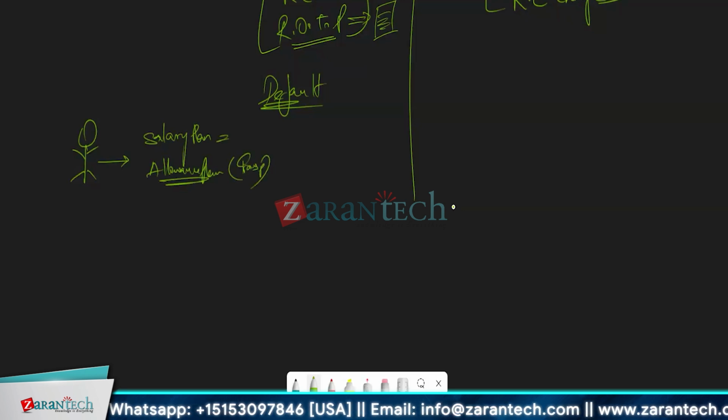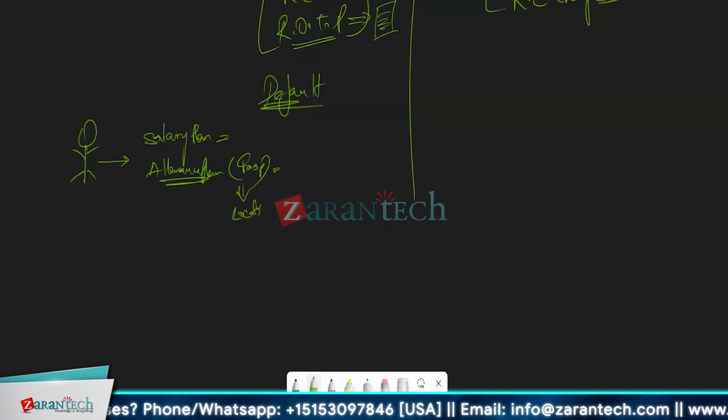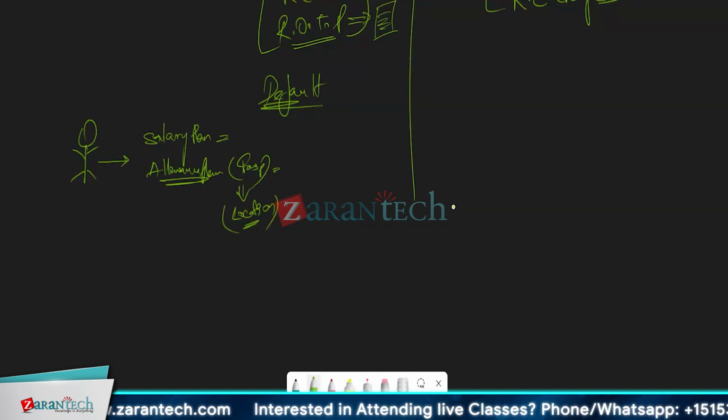They had a salary plan, they had an allowance plan. This transportation allowance was only eligible if the employee was staying at a specific location. So this allowance plan was location dependent. Only if the employee is staying at a specific location will they be eligible for a particular allowance plan.